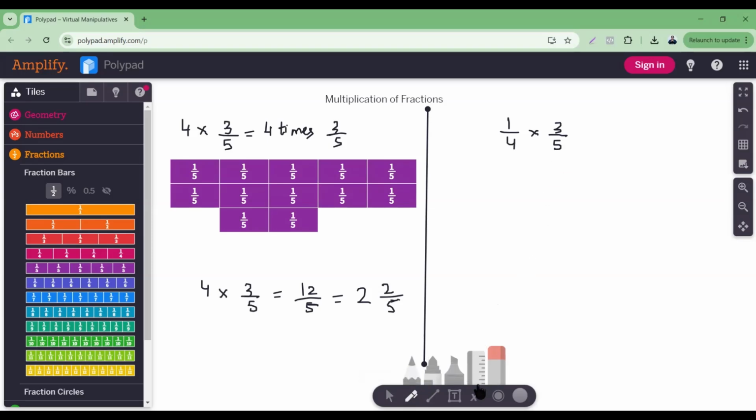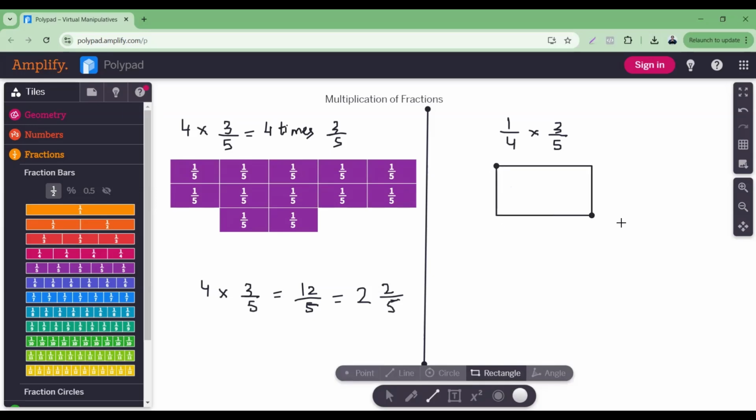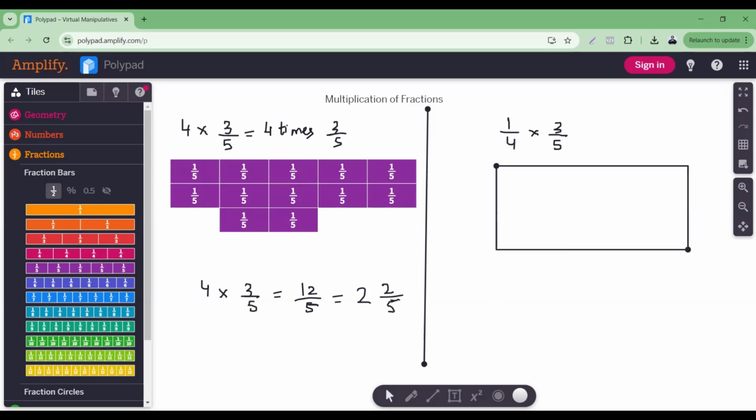So let's say 3/5. I am going to use a rectangle and form this 3/5. How do we make the fraction?